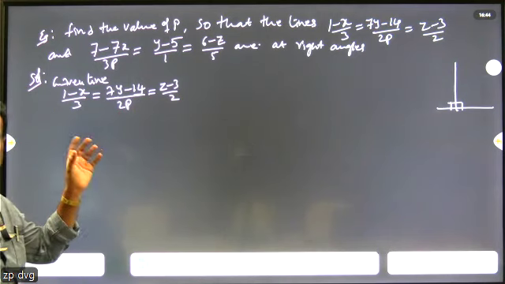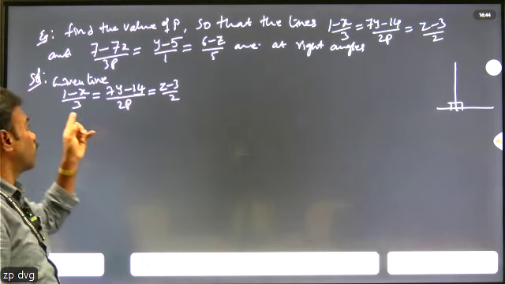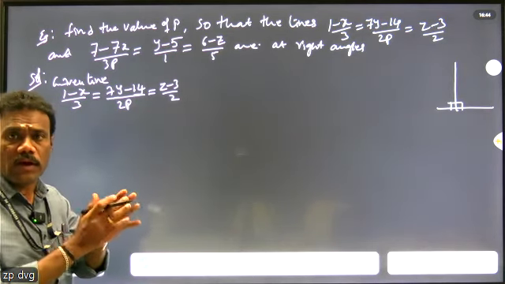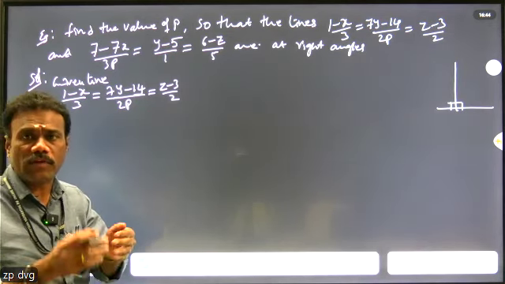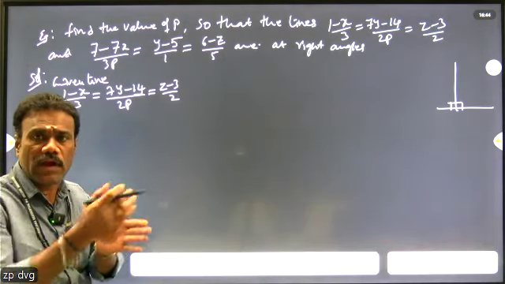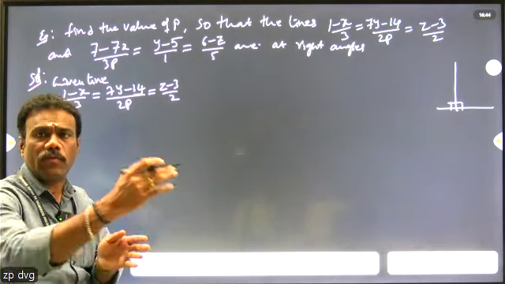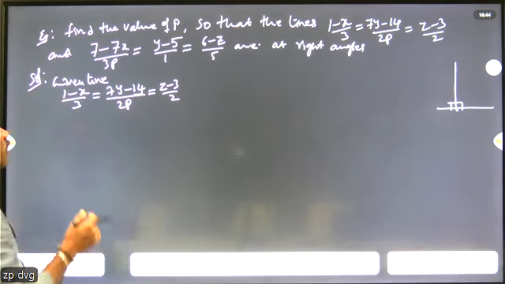So let us first convert it into the Cartesian form of a line. Already it is in Cartesian form, but we know Cartesian form is x minus x1 by a is equal to y minus y1 by b is equal to z minus z1 by c. So we will convert into that form.